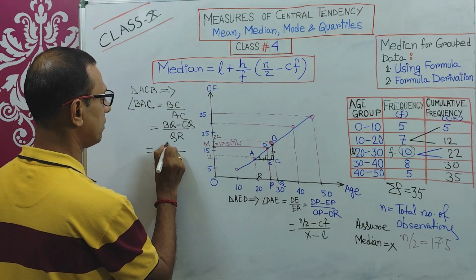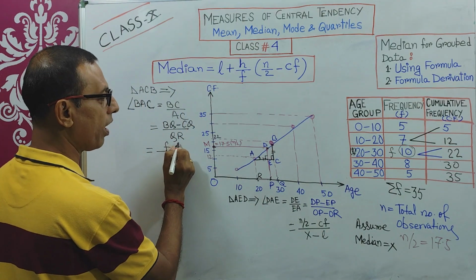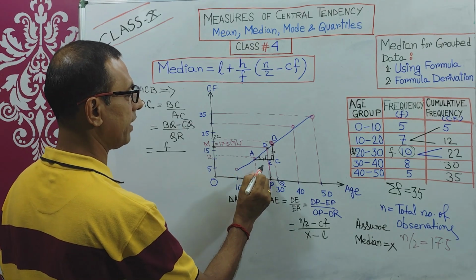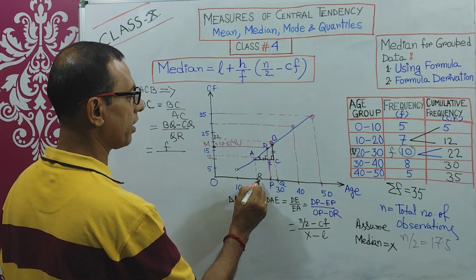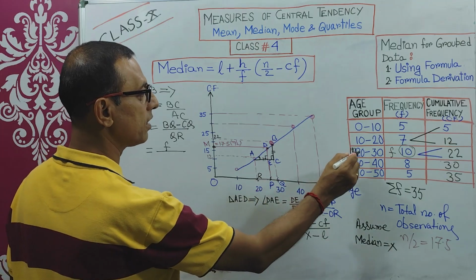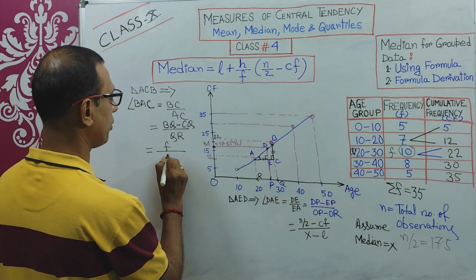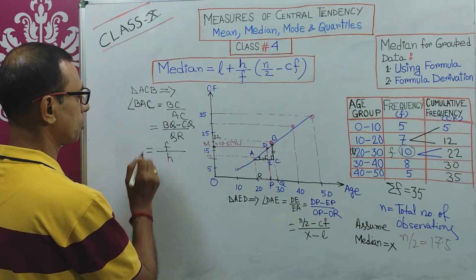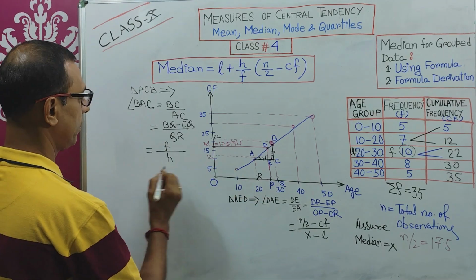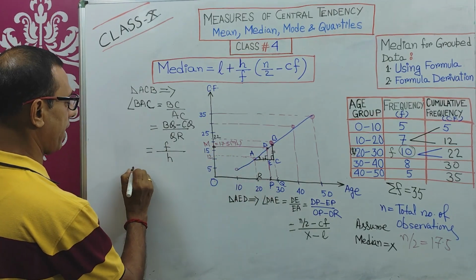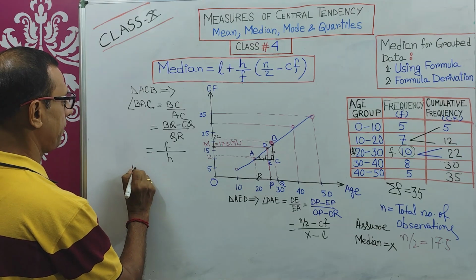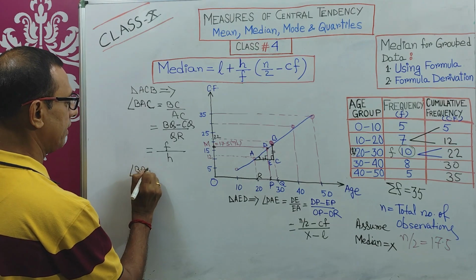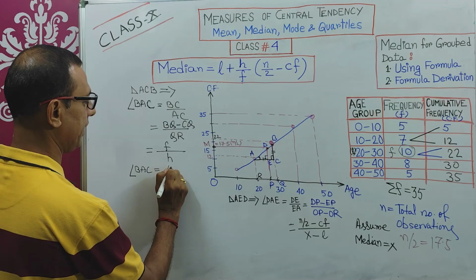So actually this is F, and AC equals QR. QR is nothing but 20 to 30. That means it is the height of the class or the class interval. So that means now you can see this angle BAC equals angle DAE.